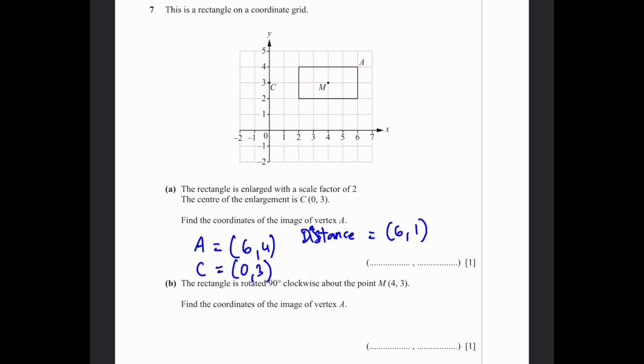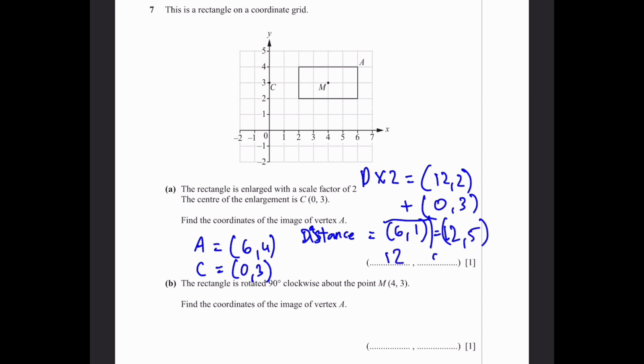So if we double this, it will become 12, 2. It will be 12 x away and 2 y away from 0, 3. And then we add 0, 3. It will be 12, 5. And that's the answer.